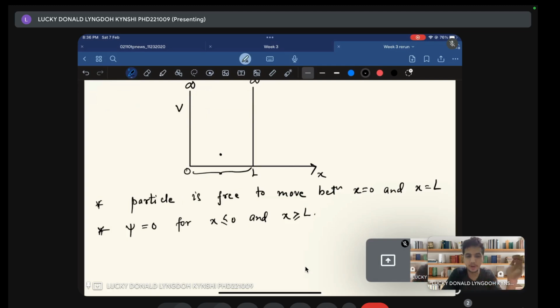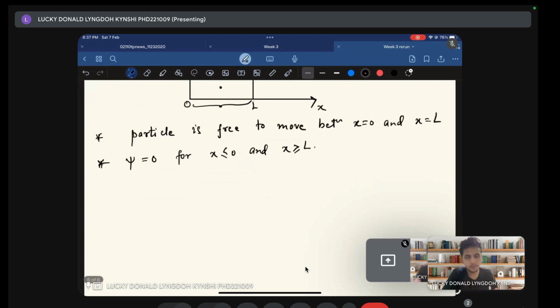Because the particle cannot exist outside of the box. So the wave function in the region x less than or equal to 0, and also for x greater than or equal to L, is equal to 0.